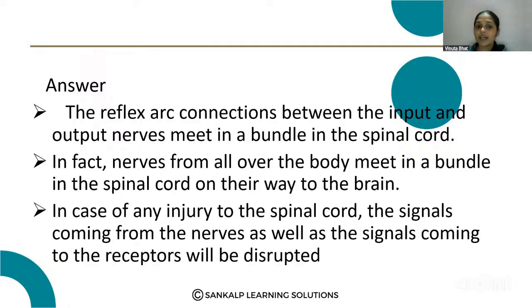So in case of any injury to the spinal cord, the signals coming from the nerves as well as the signals coming from the receptors will be disrupted. That is the place where the nerves from the different organs meet, right? So all these receptors will be disrupted.